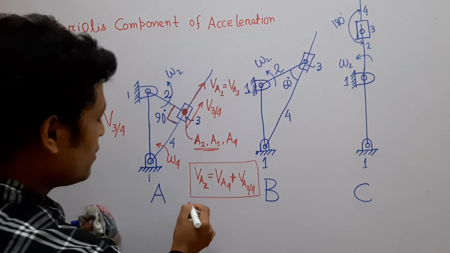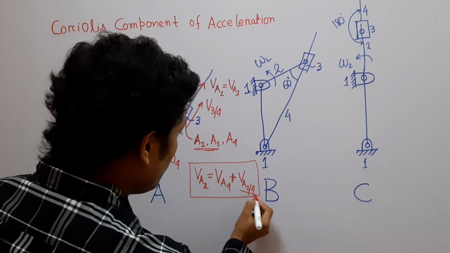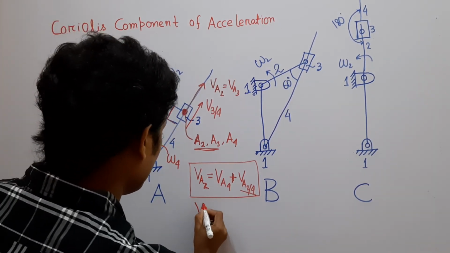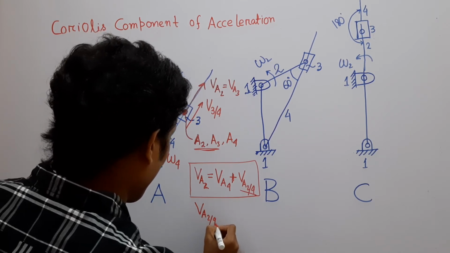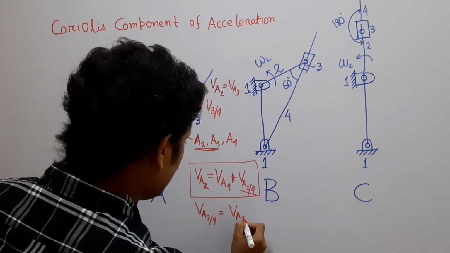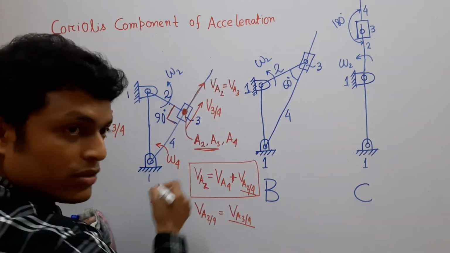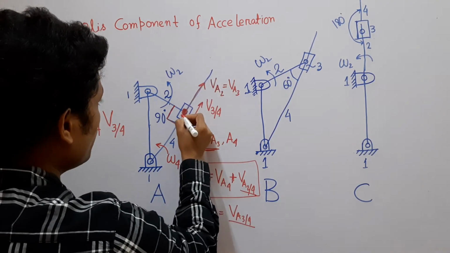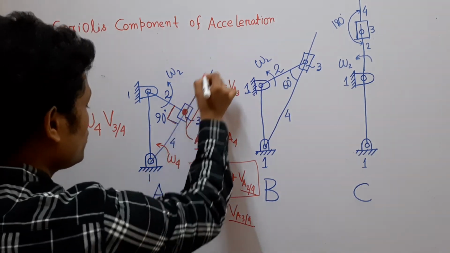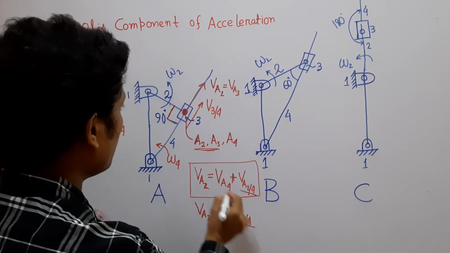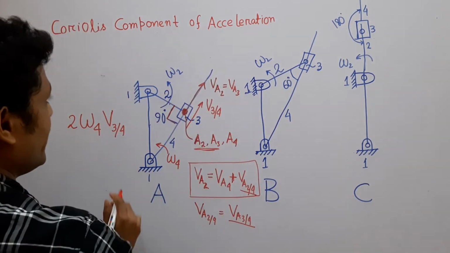What will be VA2 by 4? VA2 by 4 is nothing but VA3 by 4. 3 by 4 is what? That is the sliding velocity, which is also along the oscillating link 4. So VA2 and VA3 by 4 are all along this link.